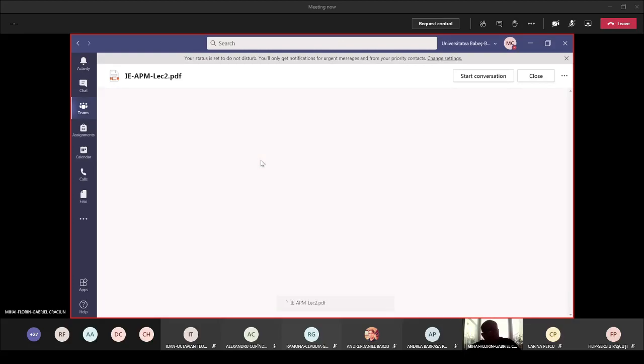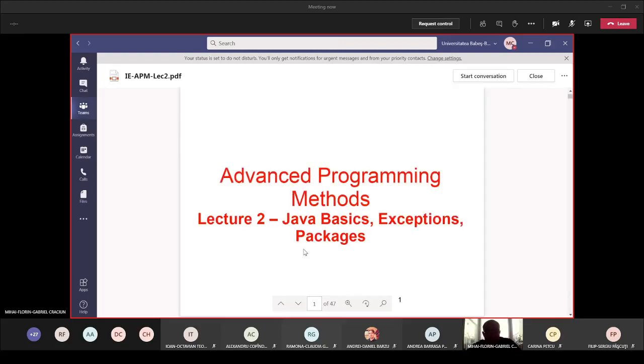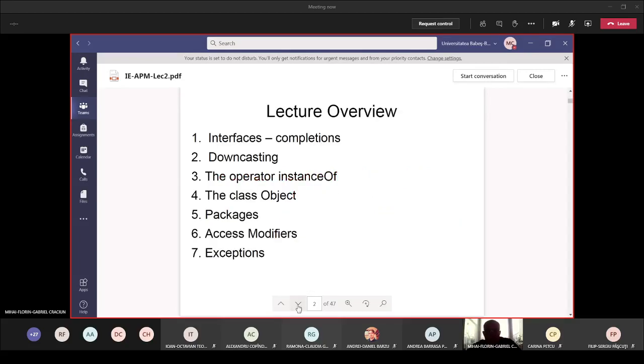just a moment, this connection is quite slow. So here again we discuss exceptions, downcasting, the interfaces, instanceof operator, packages, exceptions. So this is also important. Please take a look.